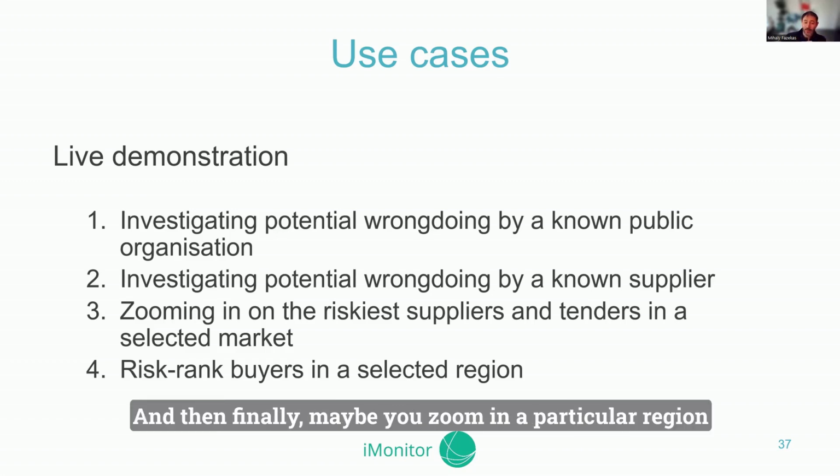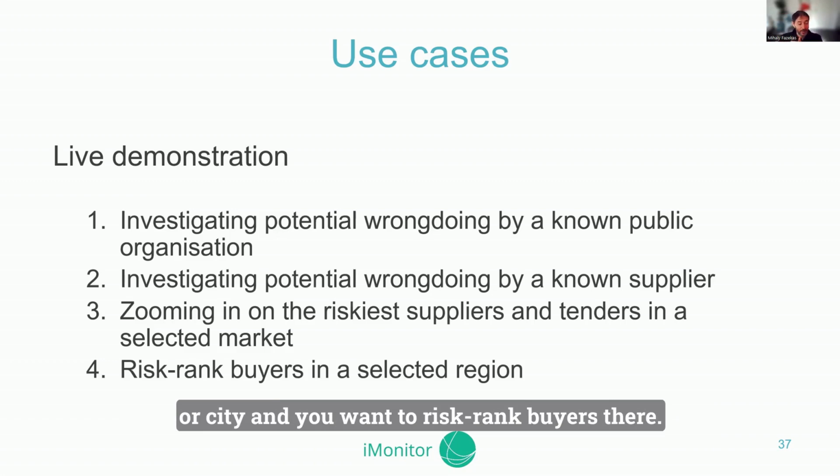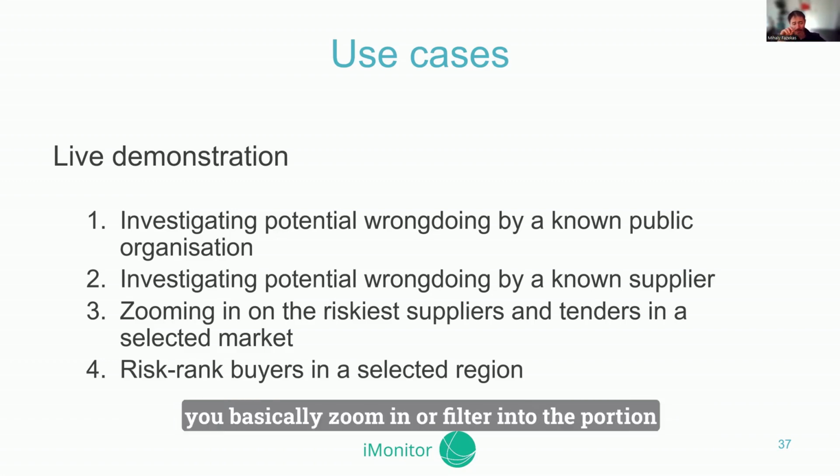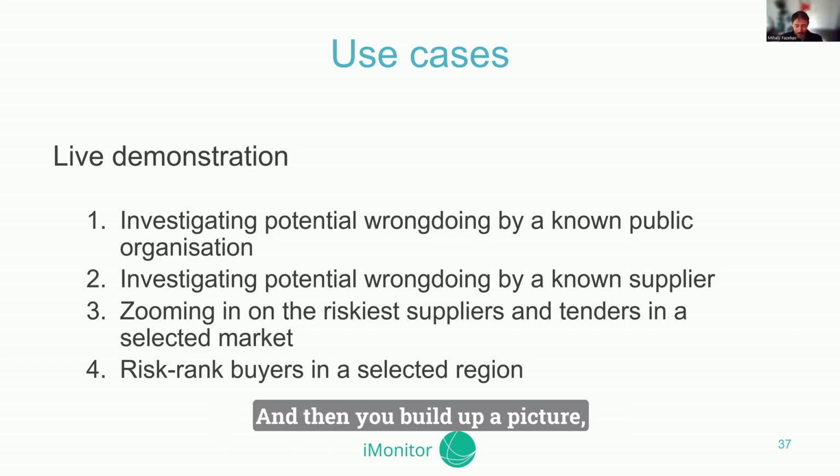And then finally, maybe you zoom in on a particular region or city and you want to risk rank buyers there. In any of these four, you zoom in or filter into the portion of the data which is of relevance to you, and then you build up a picture, you branch out from there.